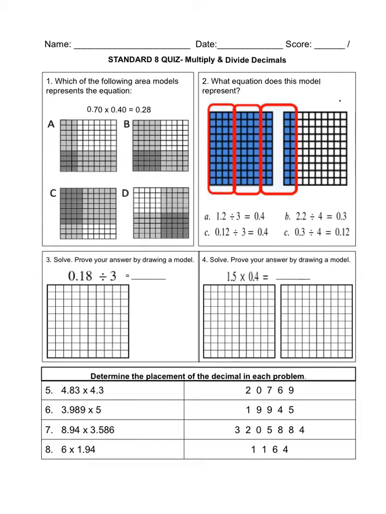So look at these models, and the only hint I'm going to give you is that you should focus on which of the models shows you a darkened, shaded portion that represents 28 hundredths. And I'm talking about this portion here that is the really dark gray. That represents the overlap between 7 tenths and 4 tenths. And this is something we talked about in small group this week.